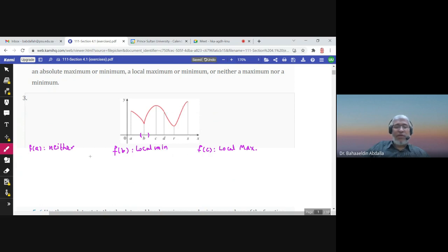F of d is nothing, so it's neither. F of r is the absolute minimum. So f of r is absolute minimum, and of course, it is also a local minimum.